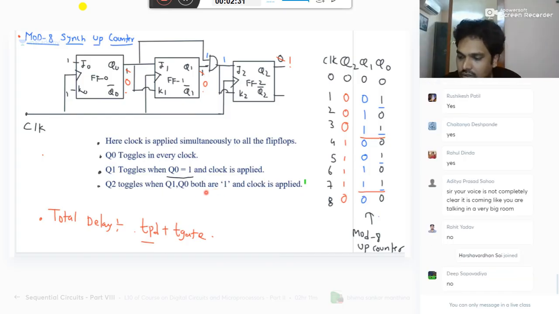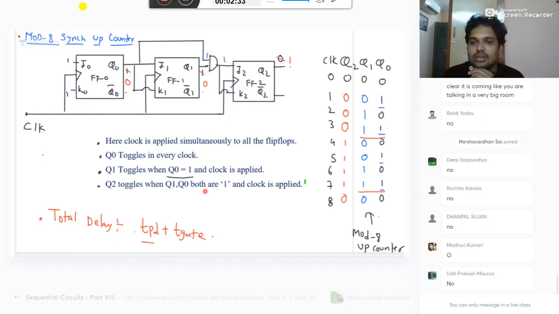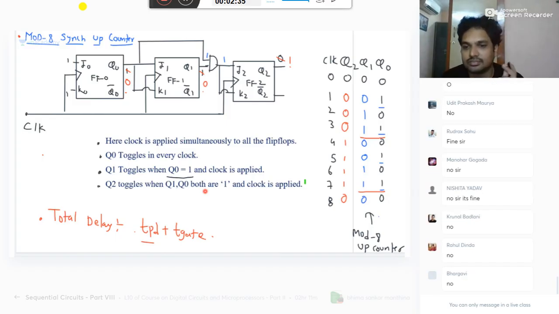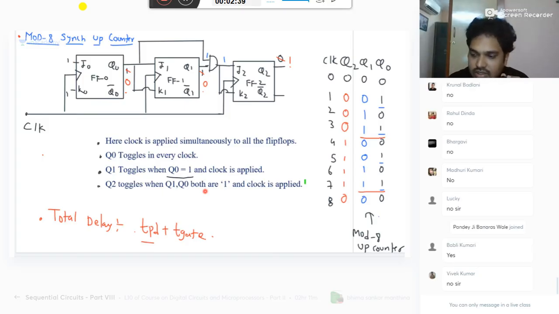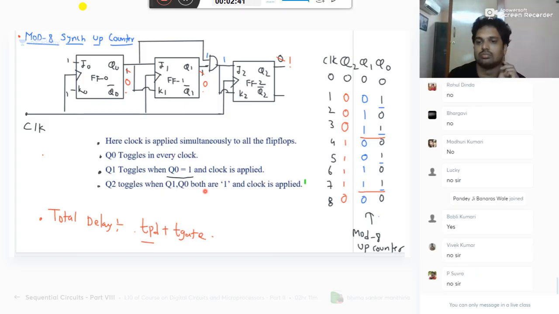Okay, very good. So these points already we have discussed yesterday class. So it will act as a mod 8 up counter, all those things. So here you can add one point.